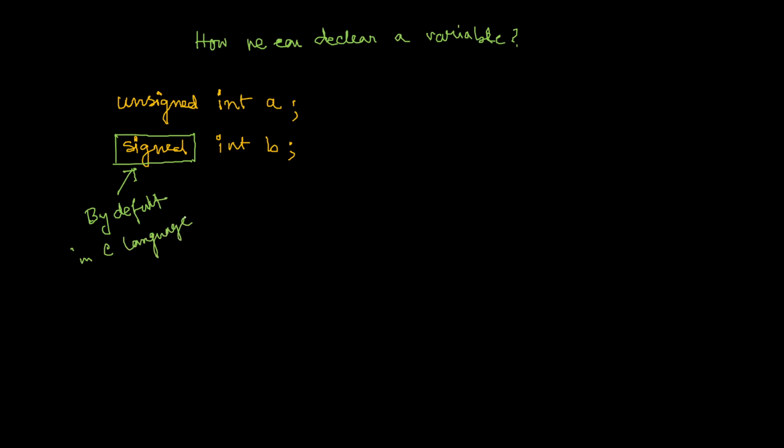That means when you are declaring a variable and if you don't write this signed keyword, compiler will realize it is a signed number. But if you want to store an unsigned number, that means you don't care about the negative number, you want to extend the range from 0 till 2 to the power n minus 1, then you have to specify this one. This is not by default, but this part is by default.